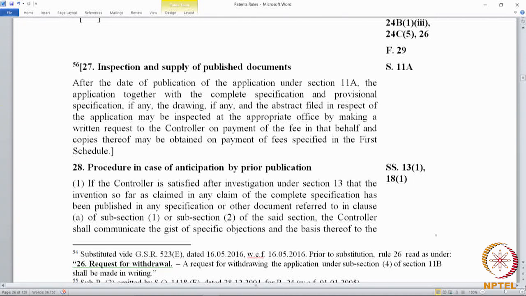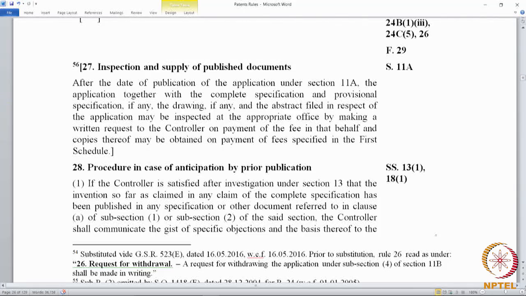Now, the consequence of publication is that you will now be allowed to inspect these documents and also obtain copies of the same on the payment of a fee.